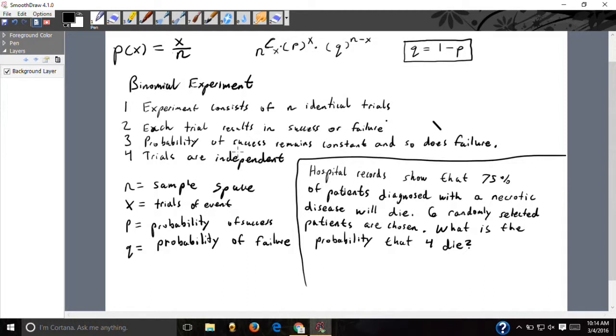Alright, so let's take a moment to dissect what was being said here. The experiment consists of n identical trials, which means that every trial will be identical in nature, which means that the methods of obtaining the probability will not change.